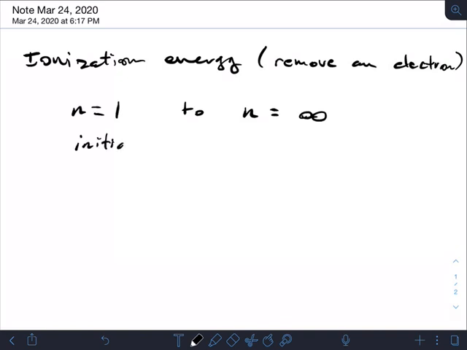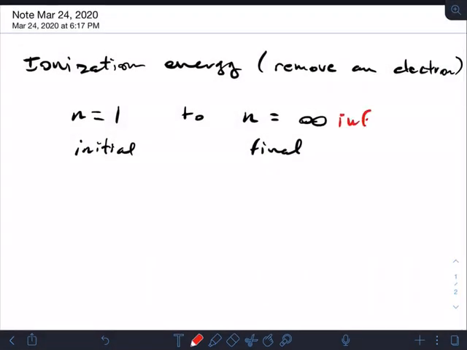Okay? So this is my initial state, and here's my final state. Right? So I'm taking an electron from n equals 1, and I'm taking it off entirely. So you can think of it being infinitely far from the nucleus.